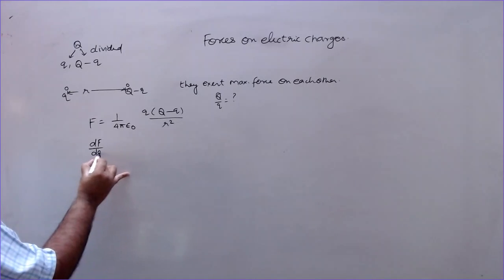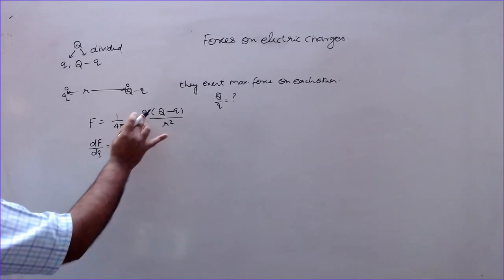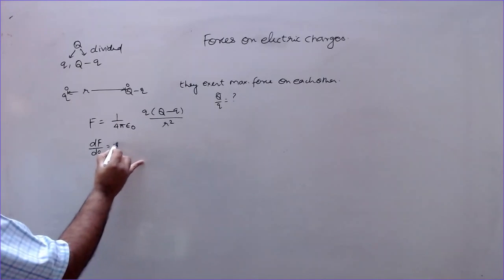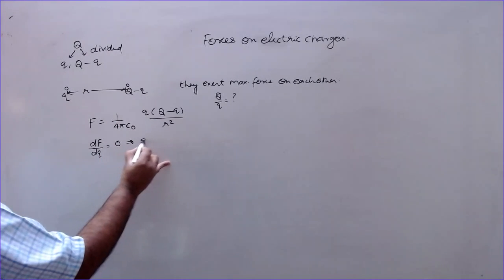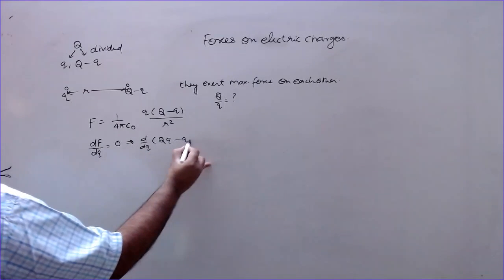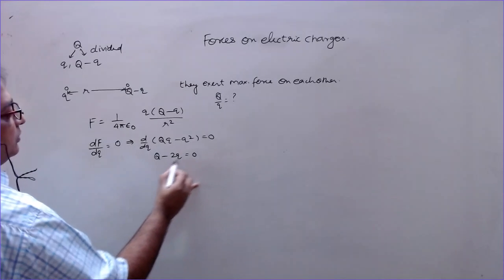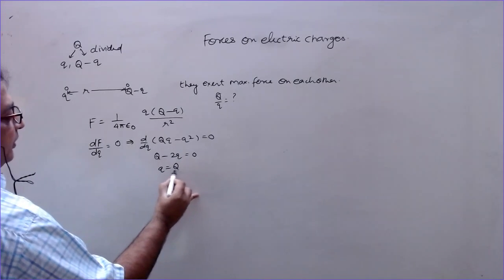For the force to be maximum, this has to be differentiated and maximized with respect to this variable, equal to 0. So this gives us d by dq of Qq minus q square equal to 0, or Q minus 2q is 0. So q is Q by 2.